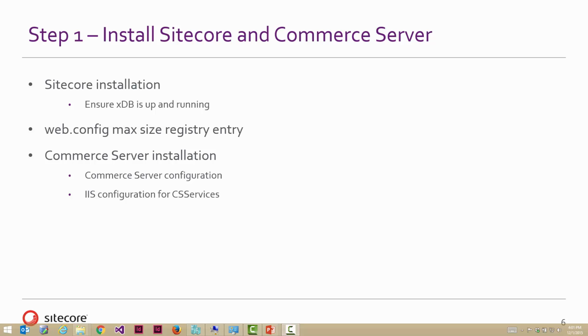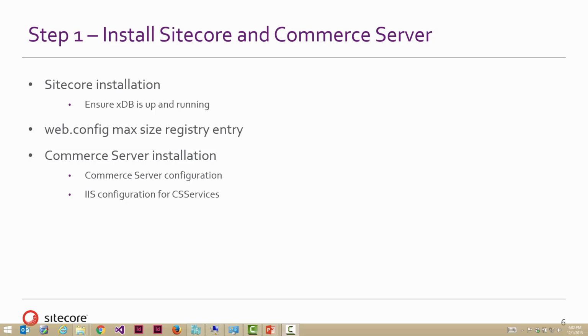And then the next step is actually to install Commerce Server, and it's a somewhat simplified installation of Commerce Server. We only need to install Commerce Server itself, and when we do install the Commerce Server site, we really need to only configure the catalog portion of Commerce Server. So there are additional services that Commerce Server does typically install around profile management and order management.